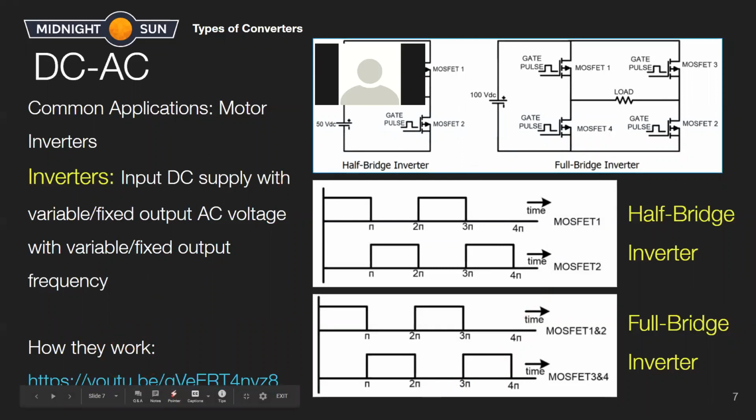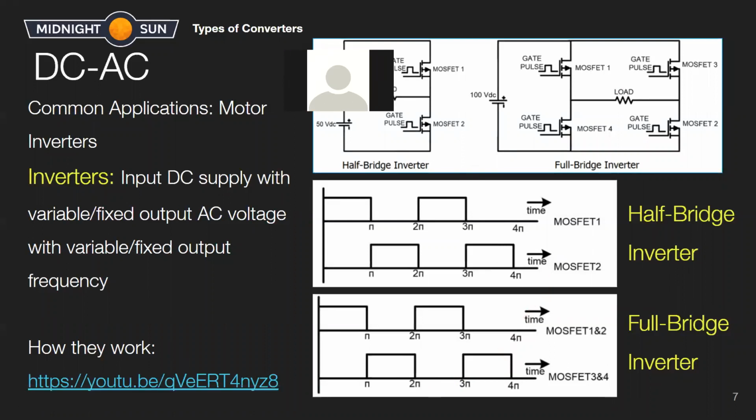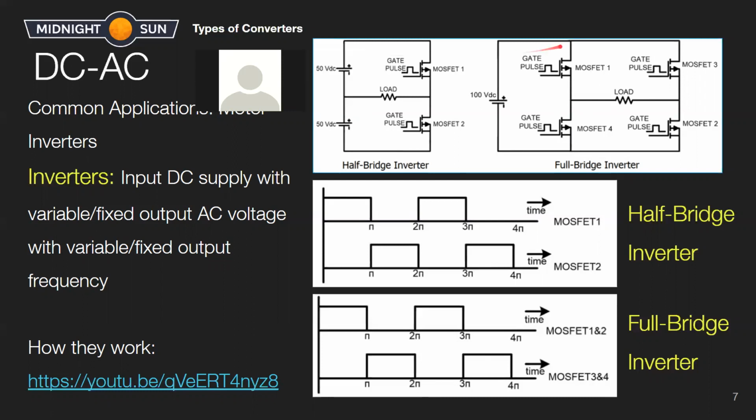The way that they actually work is usually using comparator logic, and having some sort of snubber circuit in the middle is usually useful. But yeah, these are the main properties of DC to AC conversion. And you'll actually see in the video that the pulsation happens based on a PWM.